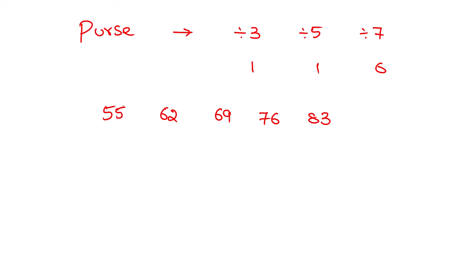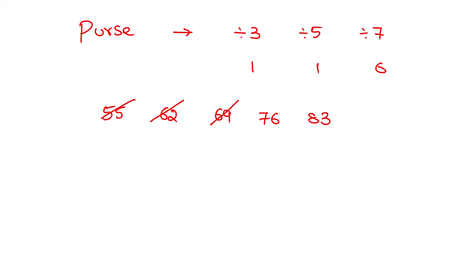So this one, divided by 5, is a waste. This is divided by 5, remainder 2, waste. Divided by 5, remainder 4. Sir, how can I get remainder 1 when dividing by 5? The number should end with 1 or end with 6. Any number ending with 1 or 6 only, divided by 5, gives remainder 1.